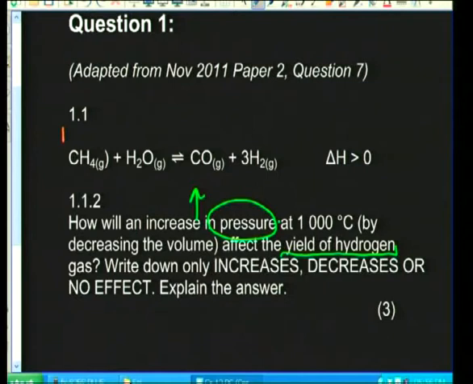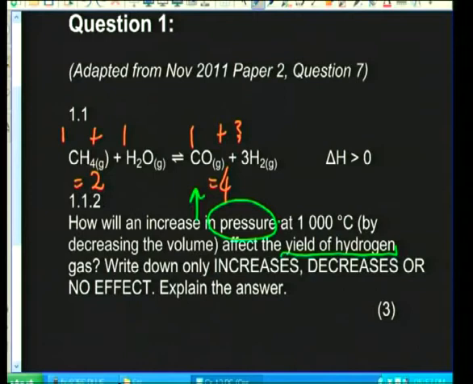So 1 mole of methane gas and 1 mole of water vapor is going to give me an overall 2 moles of gas on the left-hand side of this reaction. Have a look at the other side. Well, again, 1 mole of carbon monoxide, but 3 moles of hydrogen gas. Overall, this right-hand side of the reaction will have 4 moles of gas.